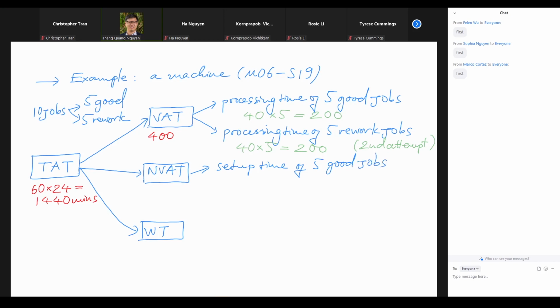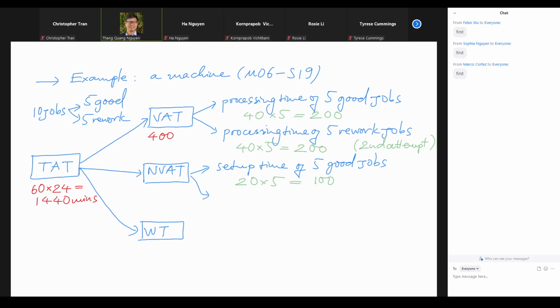We have to set it up first before we could either weld it or cut it or do some other value-added activities. So it is necessary, but the setup is not valued by the customer. So it is the non-value-added. It takes 20 minutes per job. And then we have five jobs, so in total we have 100 minutes right here.